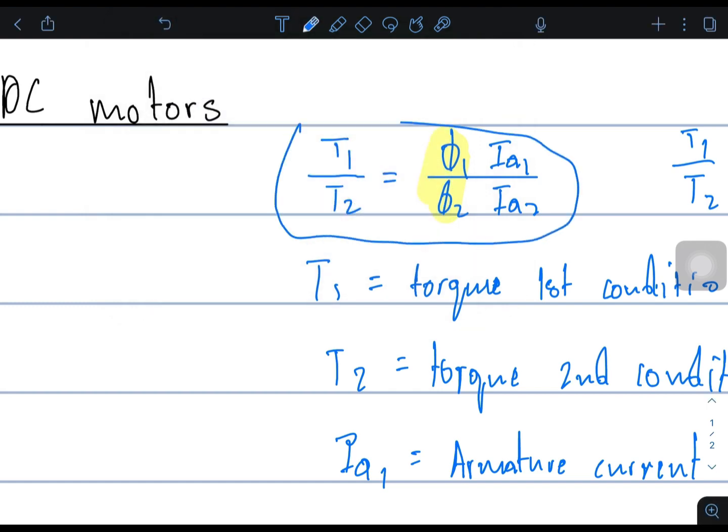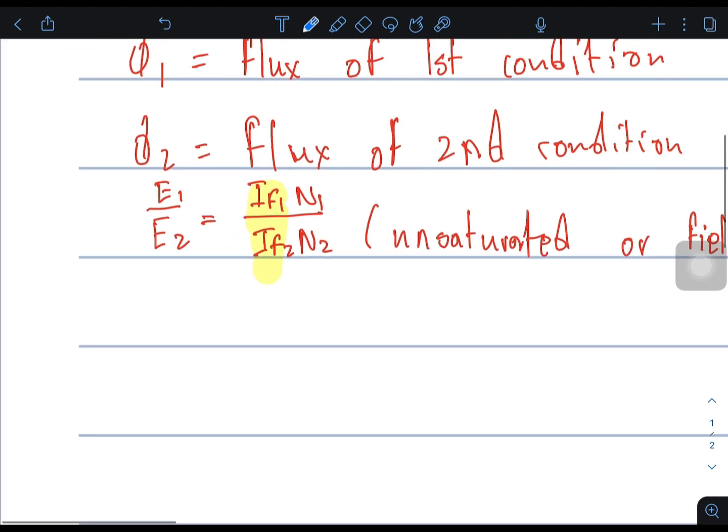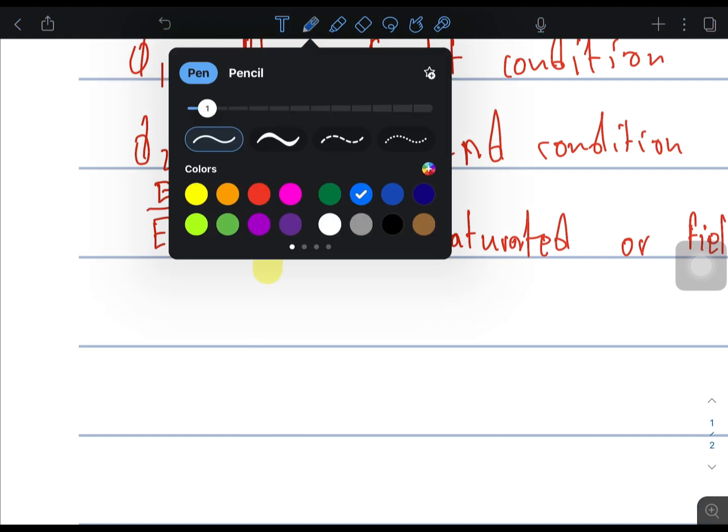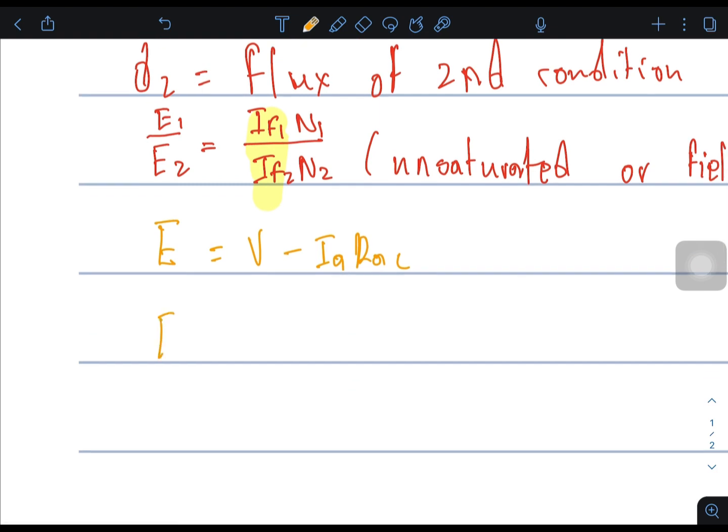Okay, then now another equation that we'll be using extensively is back EMF. A back EMF of a motor is given by E is equal to V minus IA RAC, whereby E is the back EMF.